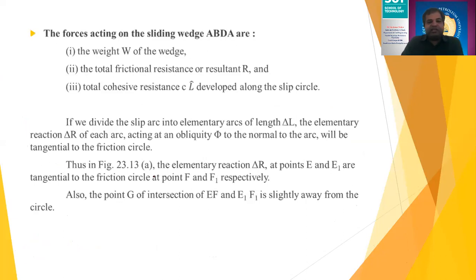As I said, the forces acting on the sliding wedge ABDA, as per the figure, are the weight W, the total frictional resistance force, which is R, and the total cohesive resistance, that is C L R, which is developed along the slip circle. If we divide the slip circle into a number of elementary arcs, delta L, the elementary reaction delta R of each arc acting at obliquity phi to the normal of the arc will be tangential to the friction circle. We have already seen this, right?